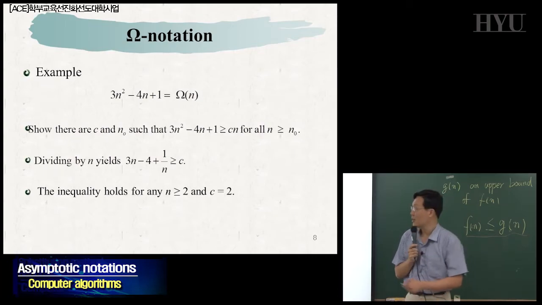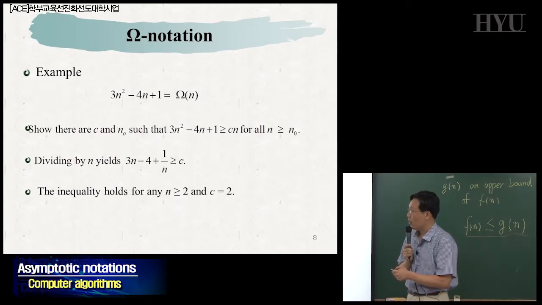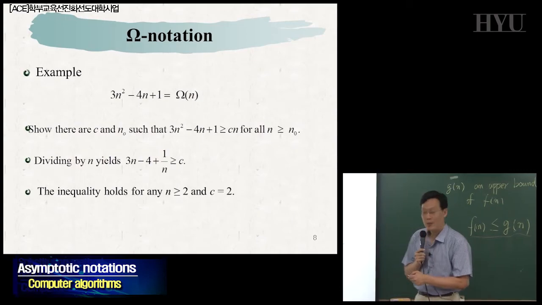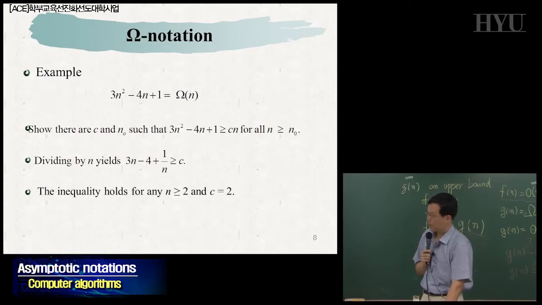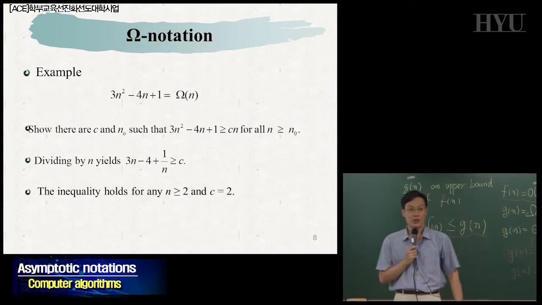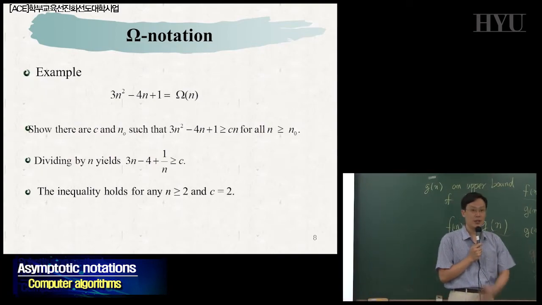So simply, this is big omega of n. And the formal proof is here. Look at this page and try to understand the proof.